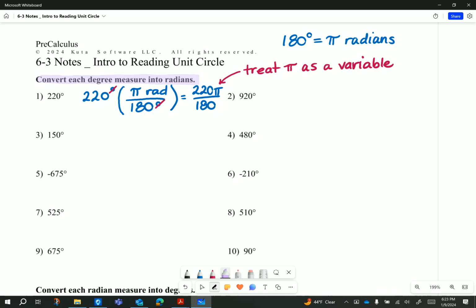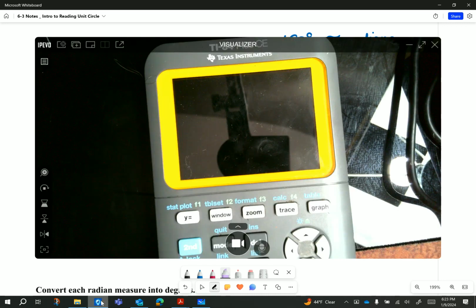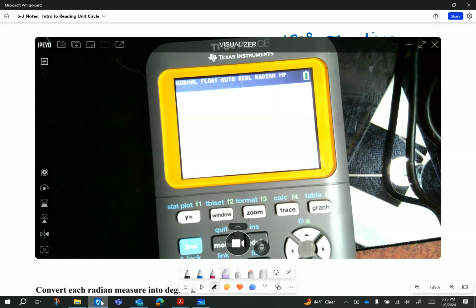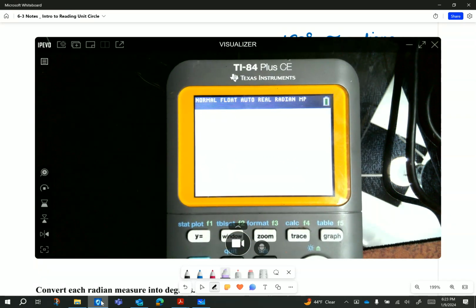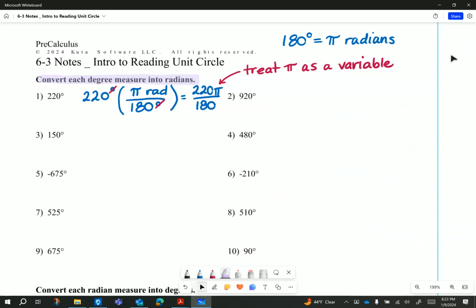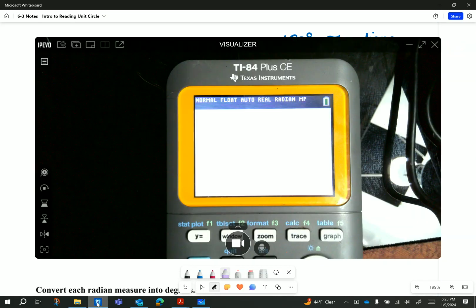So let me go to our calculator to show what you will do. So turn on your calculator, and we are going to type 220 pi over 180, okay?